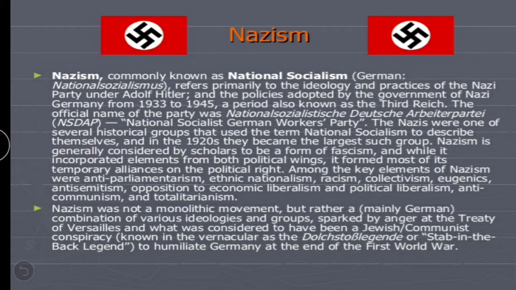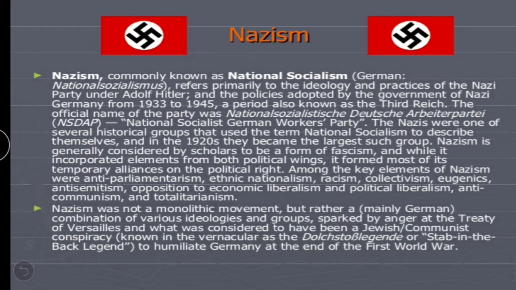The official name of the party was the National Socialist German Workers' Party, and the Nazis were one of several historical groups that used the term National Socialism to describe themselves, and in the 1920s they became the largest such group.